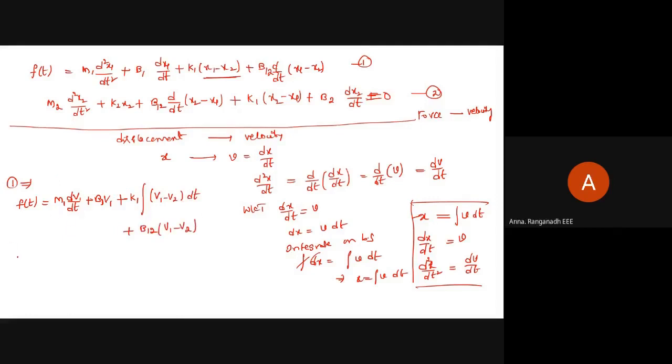Now I will call upon Naushin. Can you tell me the second equation after substituting these conditions?